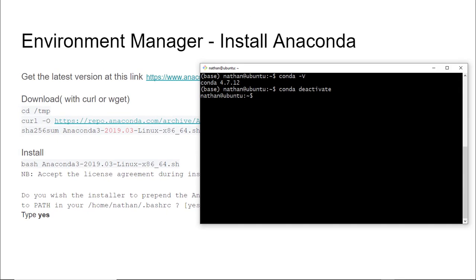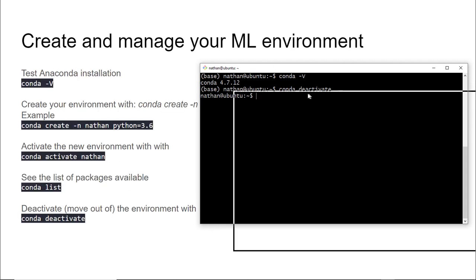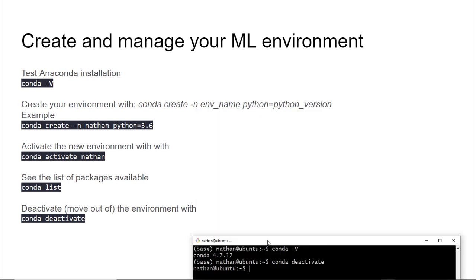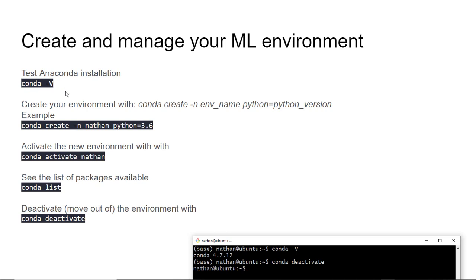So the next step after installing Anaconda is to create the environment we need. As you can see from the slides, we've already done conda -v to check if Anaconda was successfully installed, and it was good. Now we need to create this environment we need. Actually, this is the main reason why we install Anaconda.